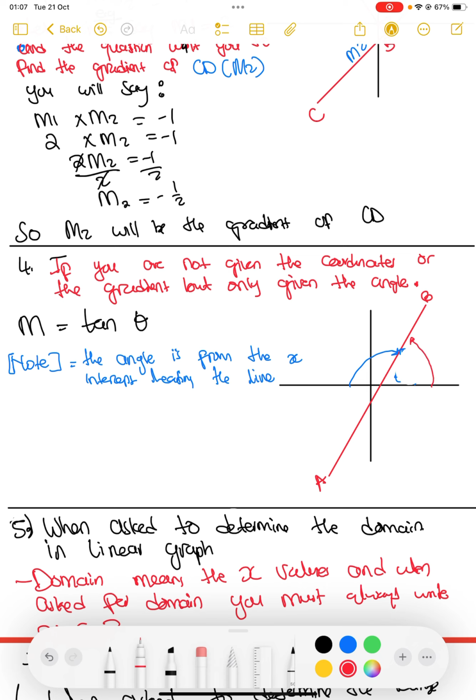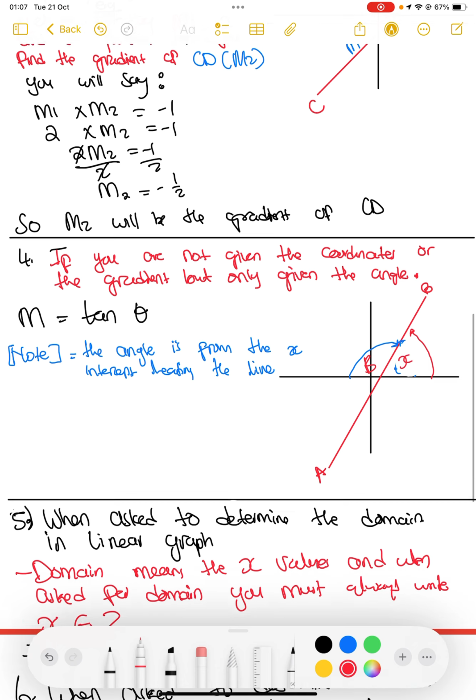So if you are given, let me just say, beta, you can't use beta to get the gradient. You must use this theta here that you don't have.